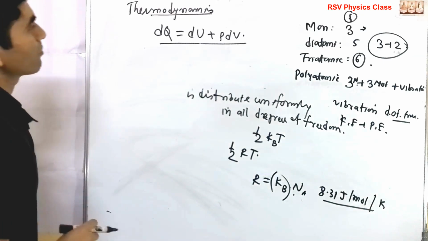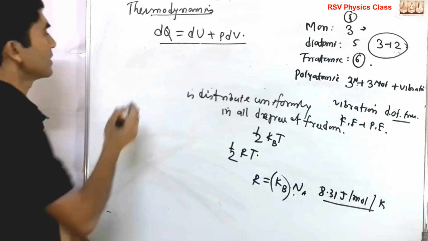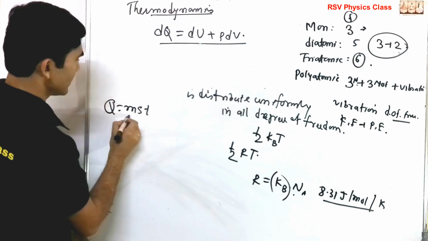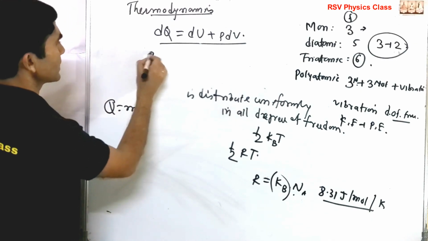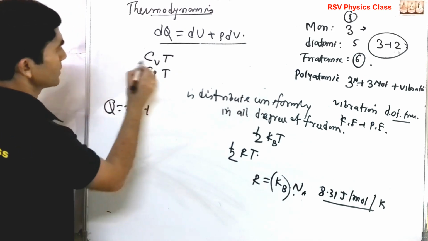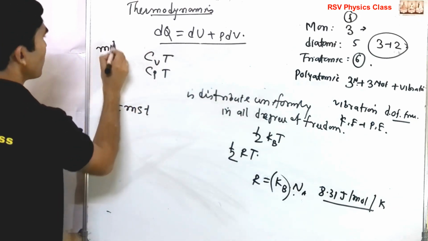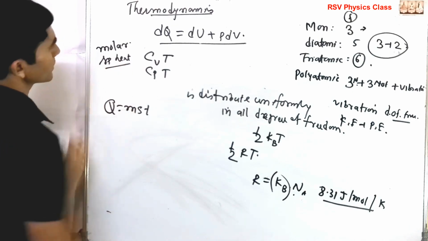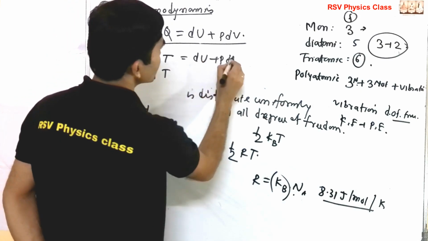For gas there are 2 types of specific heat. So you know Q equals m s dT. For 1 mole of gas you can write this as CV dT or Cp dT, the molar specific heat, equal to dU plus P dV.